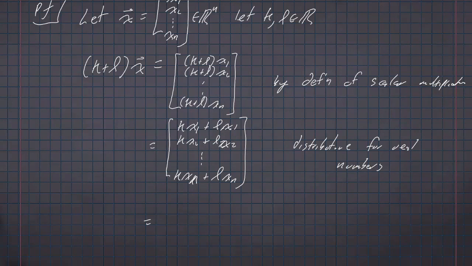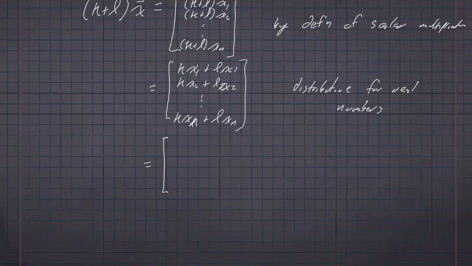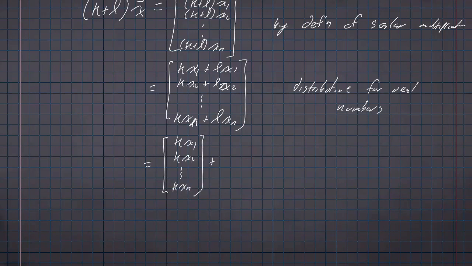Now, I notice that this is written out as a whole bunch of components being added together. I can split that up and take all of the things that have k's and write them as one vector. And I can take all of the things that have l's and write them as a separate vector.